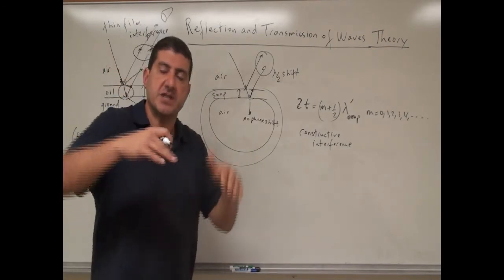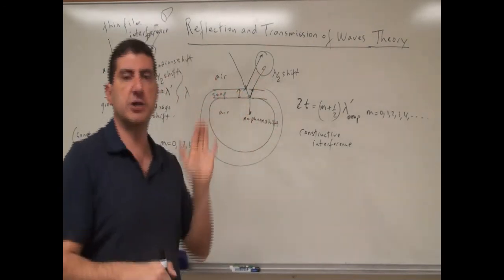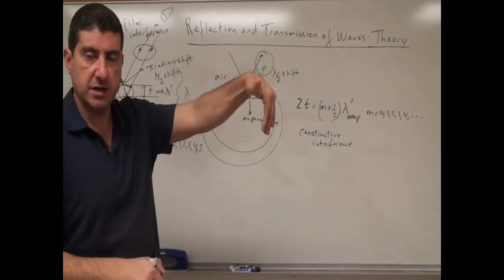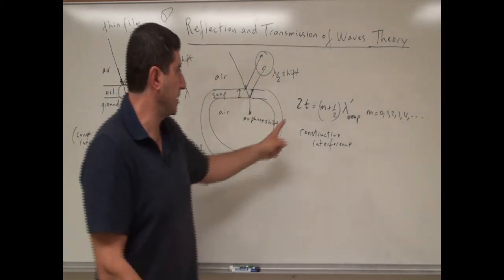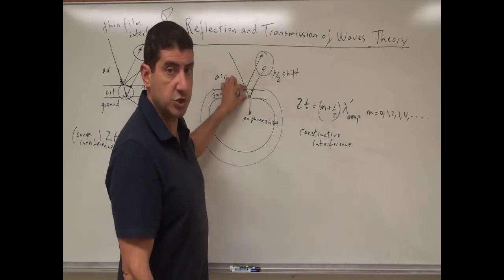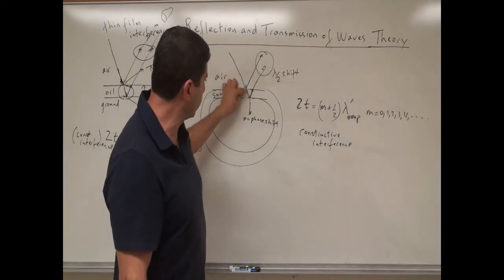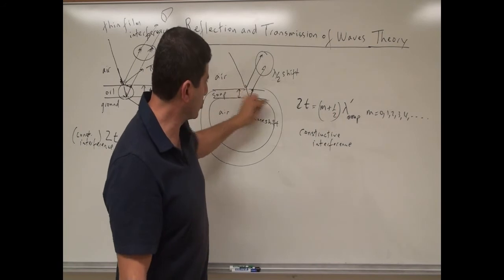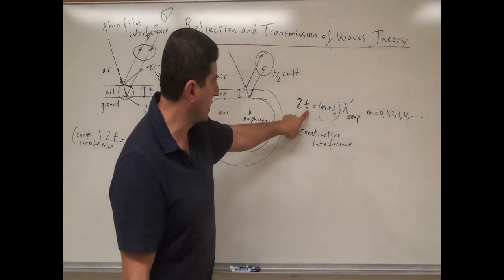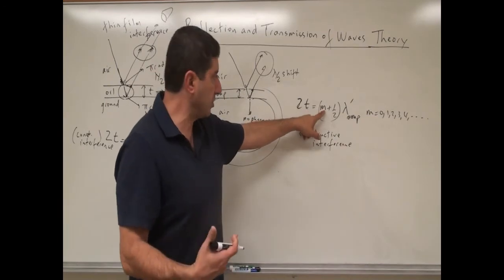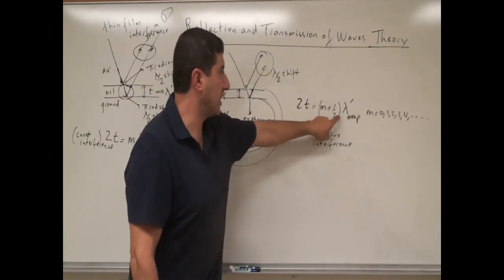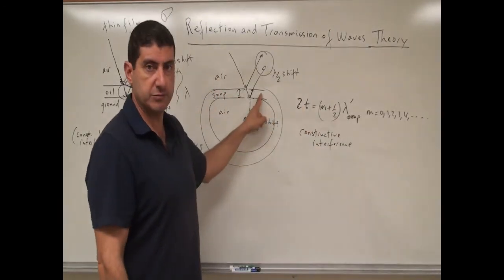So one of the waves is already a trough, the other wave is a peak. So what's the condition for these two waves to interfere constructively? Well, the extra distance traveled by this wave that goes to the bottom, which is twice the thickness, must be equal to some integer, let's say you can put 0, and then half of the wavelength of the wave in the soap, right?